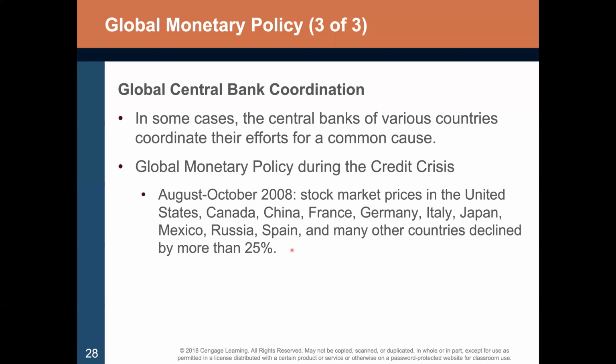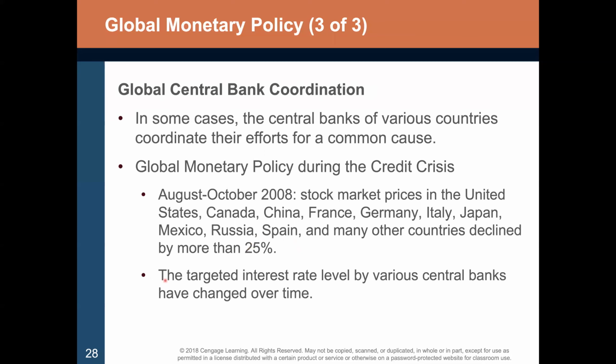I was in the investment industry when that happened, and it was pretty harrowing. They targeted interest rate levels, and these targets by various central banks have changed over time, but they tend to move in the same direction.